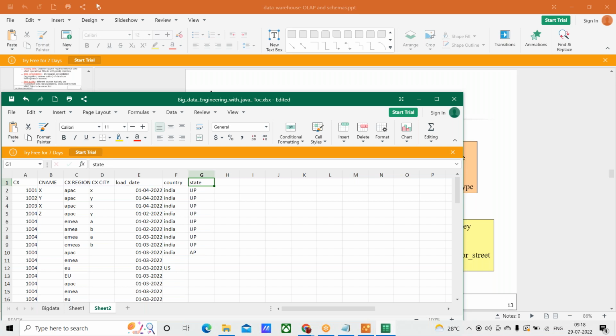So what is the issue with denormalized data? You will have more redundant data. But let's say you divided this into customer and location. So in the location table, you can have something like location ID.